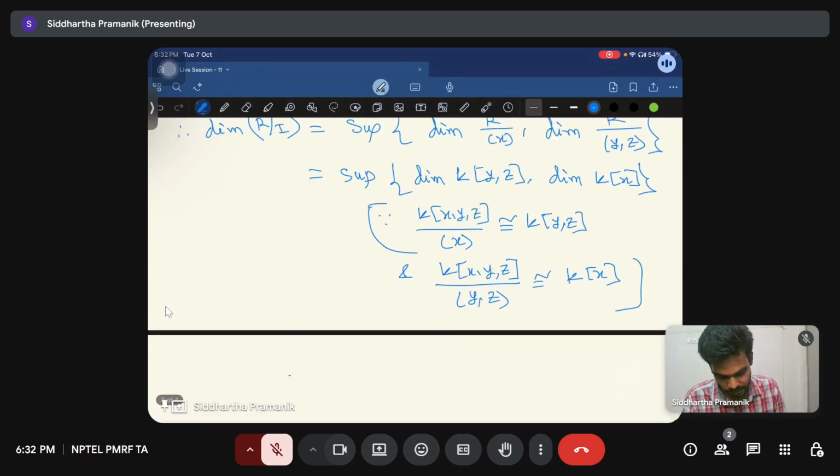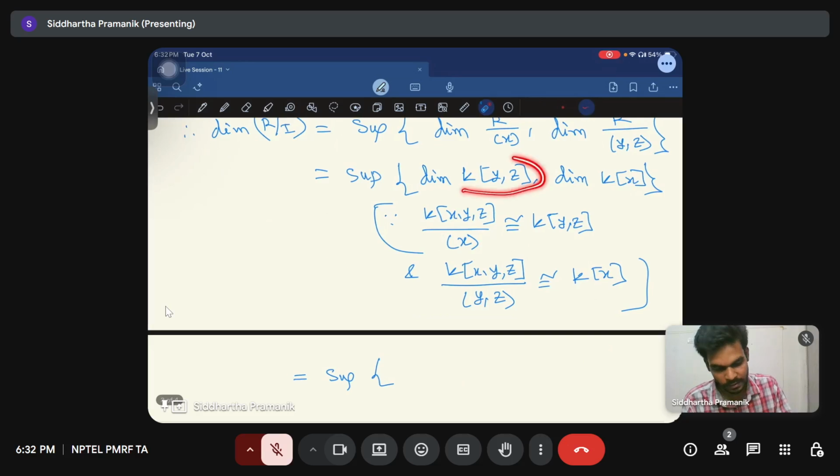So this is basically the supremum of, so this is K[y, z], we have two variables, so the dimension is 2. And the dimension of this part is 1. So this dimension is basically 2.